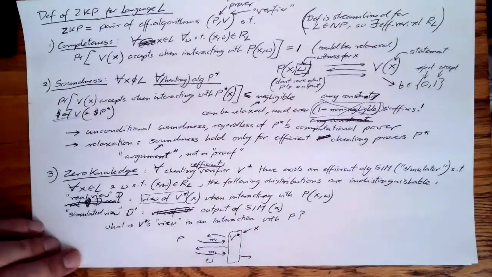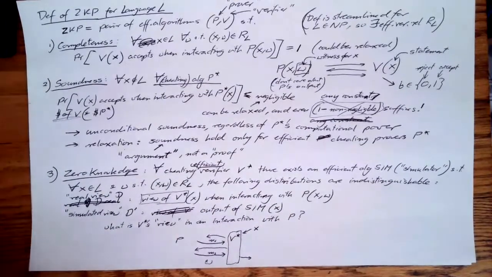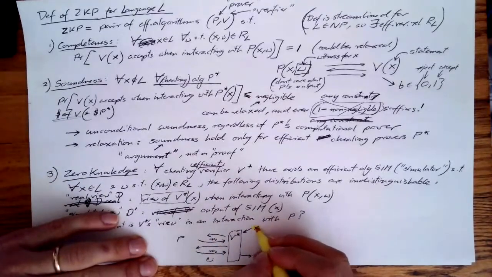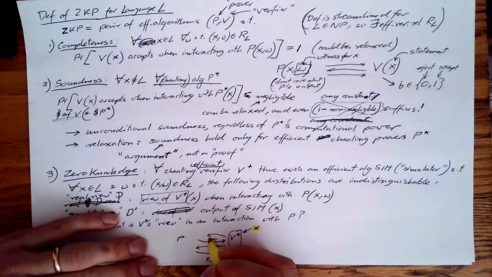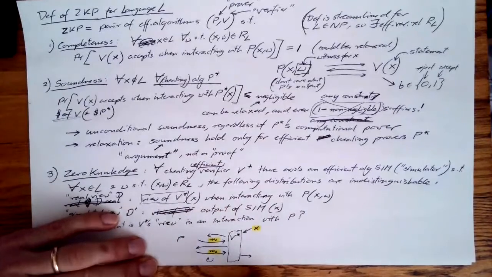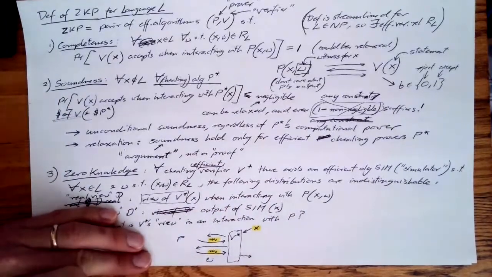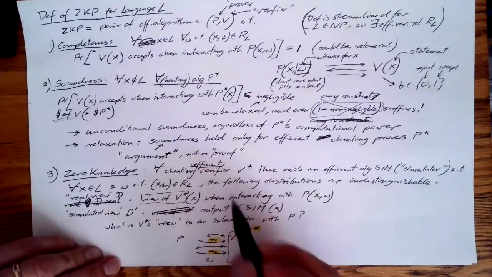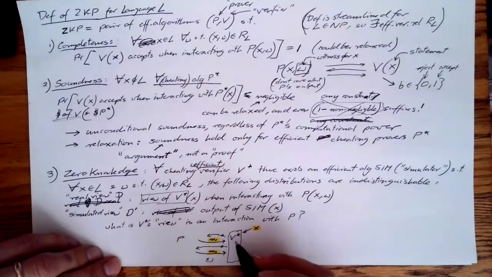The view was the input, and it was the messages that were sent by P. Note that the messages that V star sends out, so this one and this one, etc., well, it's an efficient algorithm, so they are just some algorithm on the inputs.